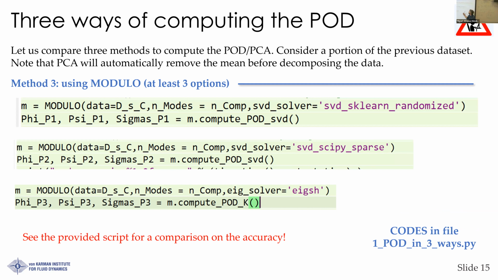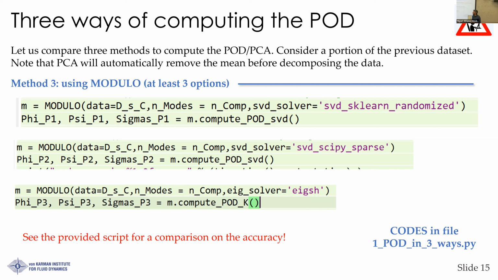Among them, the fastest is this one, which is using the SVD randomized algorithm. This is orders of magnitude faster than this one and uses much less memory than the other ones, but it tends to lose accuracy if you go towards higher modes. So if you want to evaluate more sigmas. So if you're looking for, say, the 5 leading POD modes, then this could be a good option. If you want to look at all of them, then this is not a good idea.